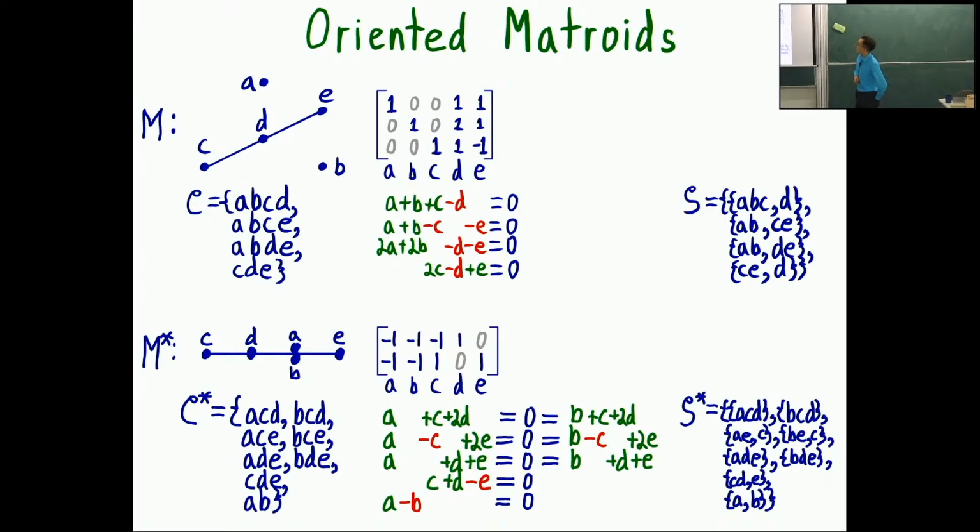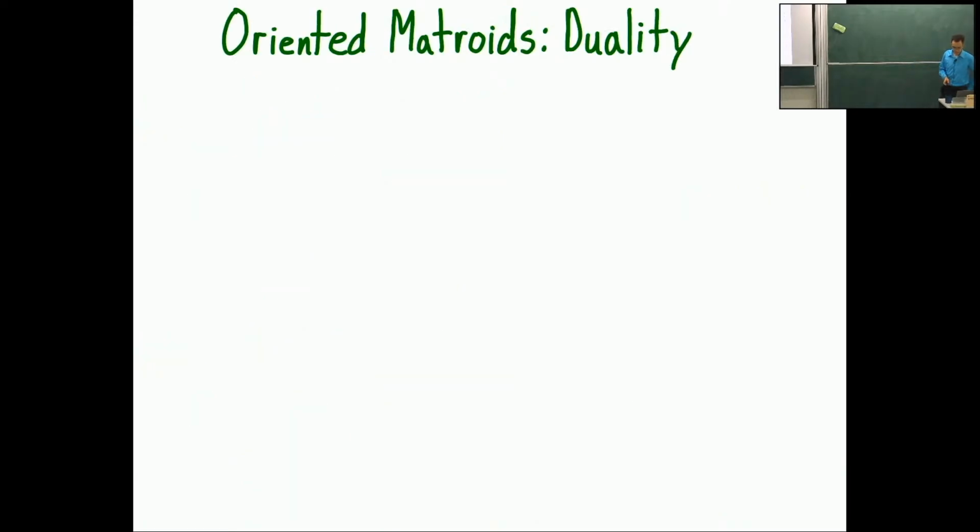And in fact, not only are the underlying matroids dual, but we also have duality for oriented matroids. For regular, non-oriented matroids, duality is normally given by looking at bases or the rank axioms. You can also define duality by looking at circuits and co-circuits and using orthogonality.